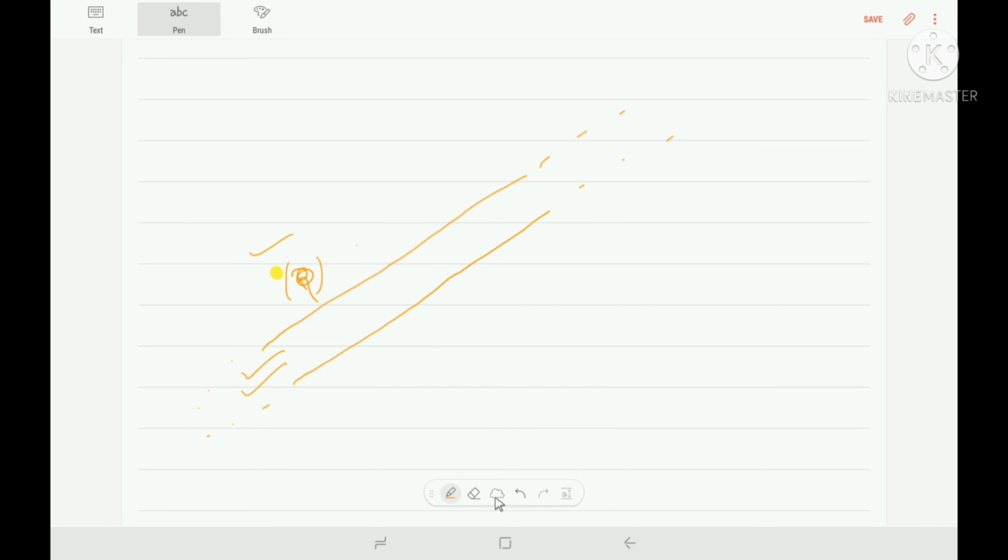One way to do this is to find the actual distance and then do some symmetric trick to find the answer. That's not the aim of this video.